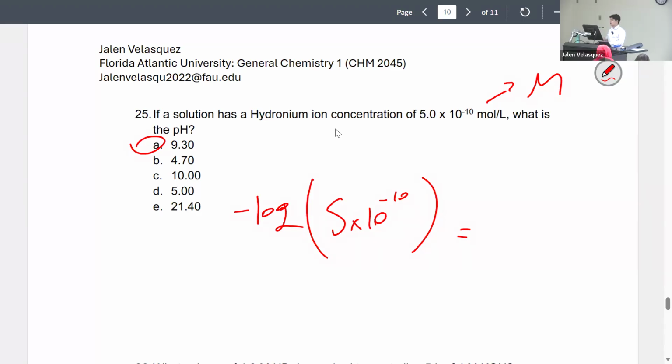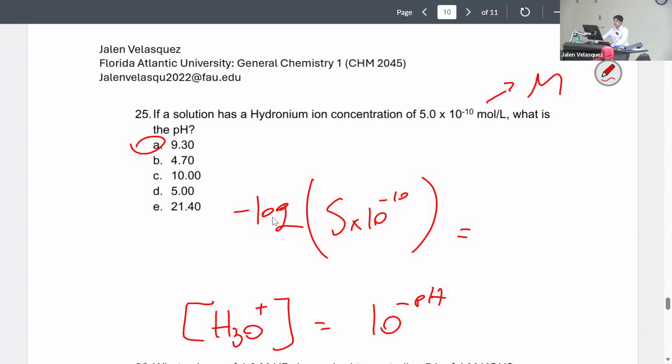Okay, what if I start with pH and I want to convert that to the hydronium concentration? How would you do that? 10 to the negative. Good. So to go to the hydronium concentration, remember these brackets mean concentration, right? You would do 10 to the negative pH. Okay, and that's because if you guys remember from high school math, logarithm has an automatic base 10, right?